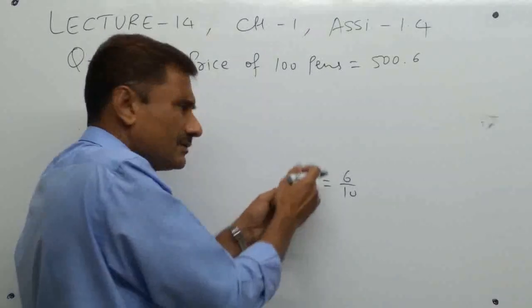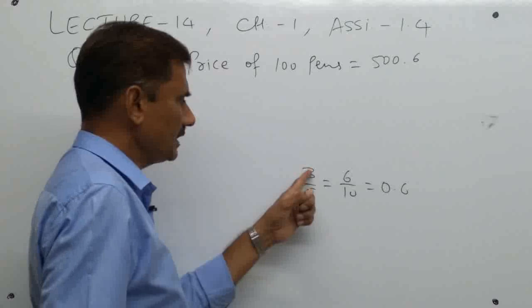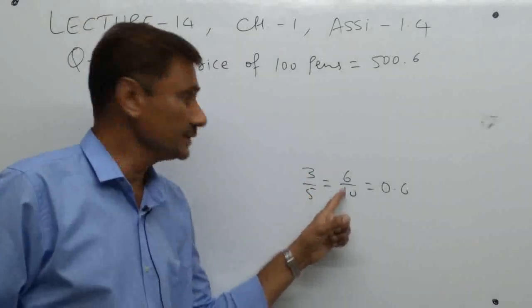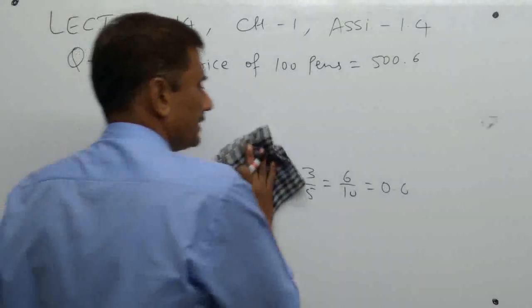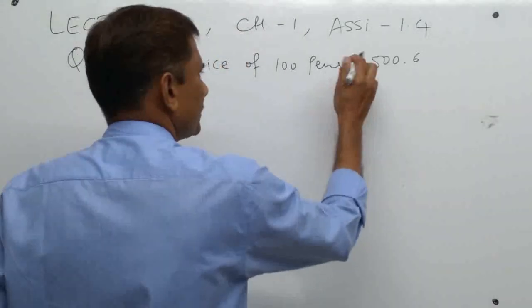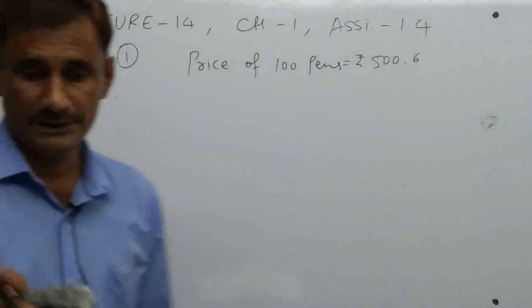Otherwise you just divide 3 by 5 and it will be 0.6. I make double and double here to get 10 so that I can divide easily. So it is rupees 500.6. You can write the rupee sign everywhere, but it is for 100 pens.